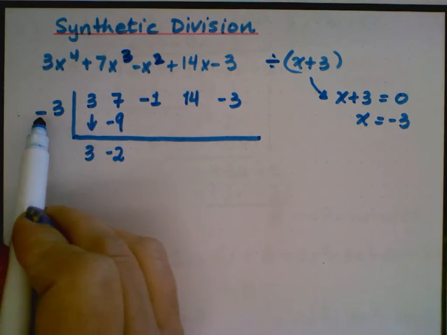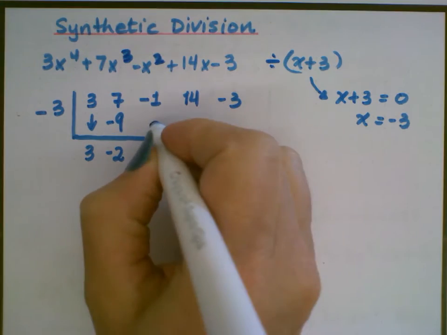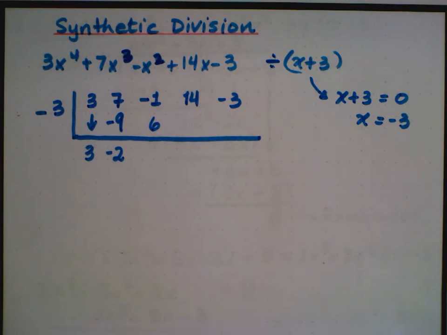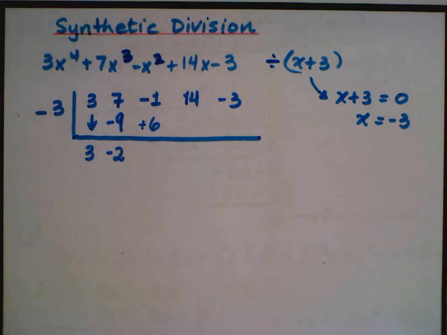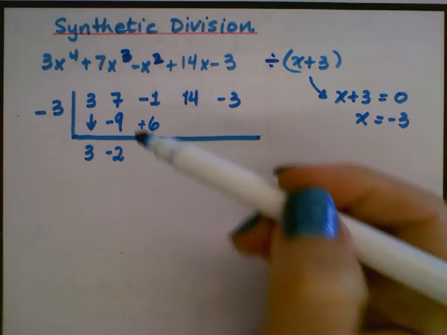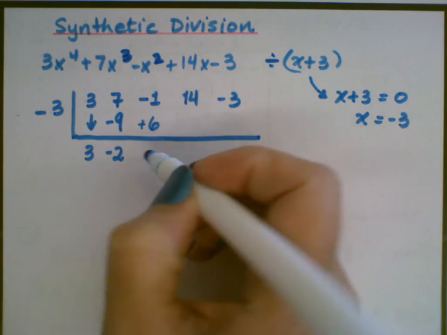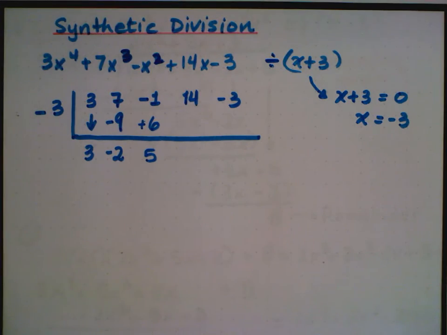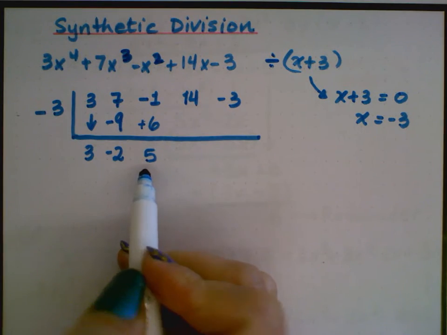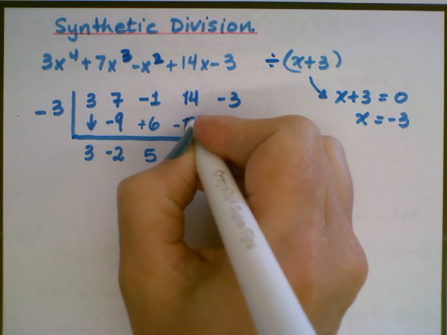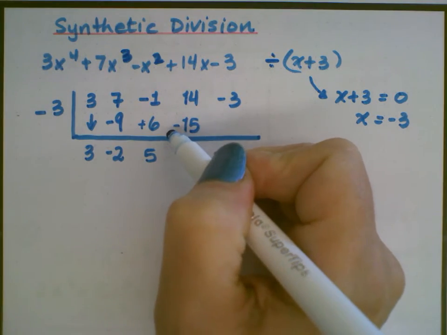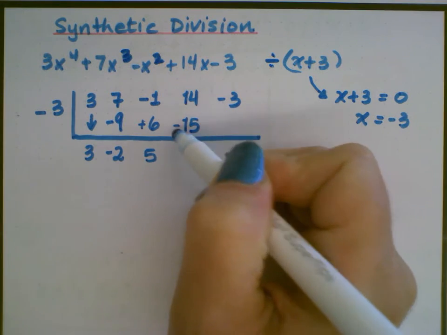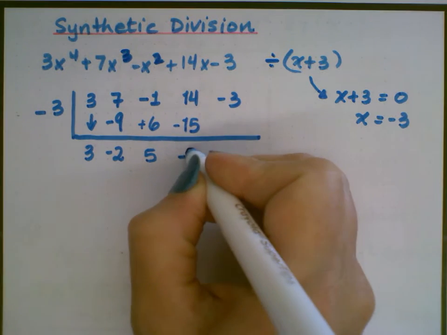And then I repeat. So negative 3 times negative 2 is positive 6. And if it helps you to not make any mistakes with your additions, you can add the sign, whether it's positive or negative. So now negative 1 plus 6 is 5. And then negative 3 times 5 is negative 15. 14 plus negative 15, which is the same as 14 minus 15, is minus 1.